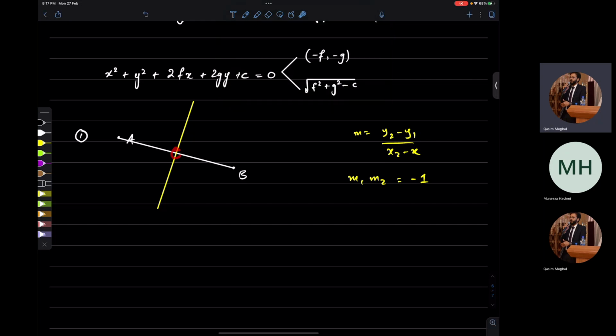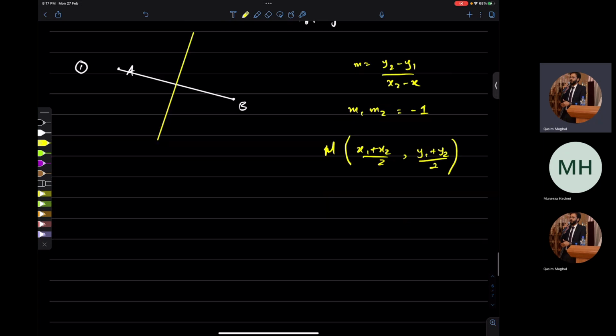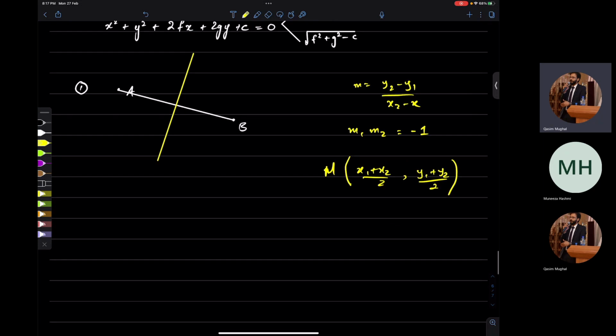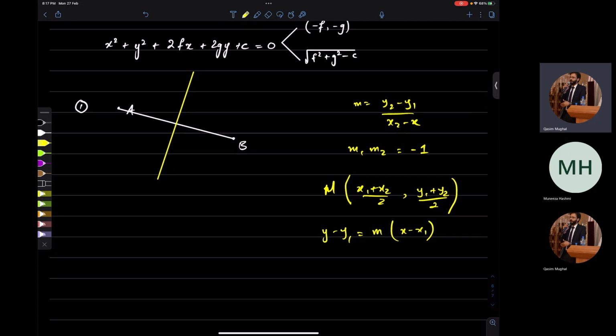We know it passes through the midpoint of A and B, and we can work out the coordinates of the midpoint as (x1 + x2)/2 and (y1 + y2)/2. Once we have the midpoint and the gradient of the yellow line, we can apply y − y1 = m(x − x1) to work out the equation of the perpendicular bisector of AB. Got it?